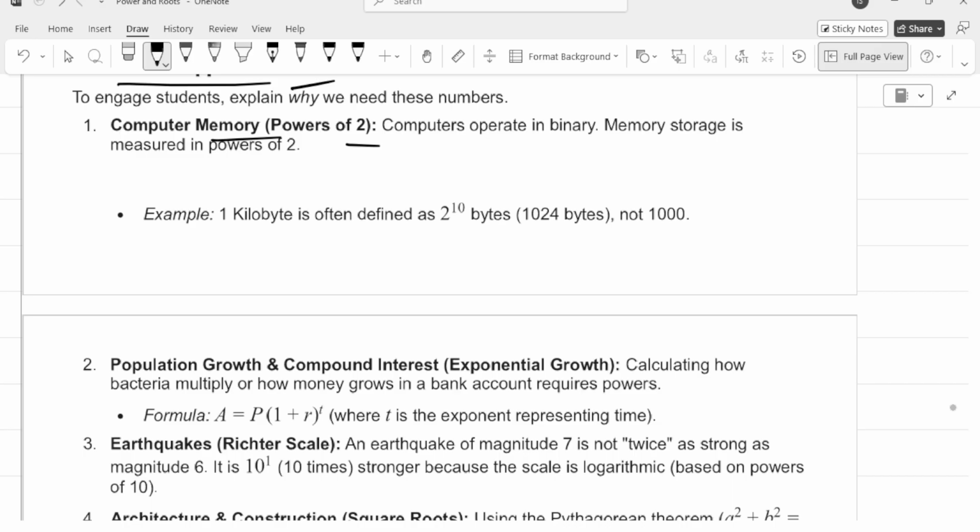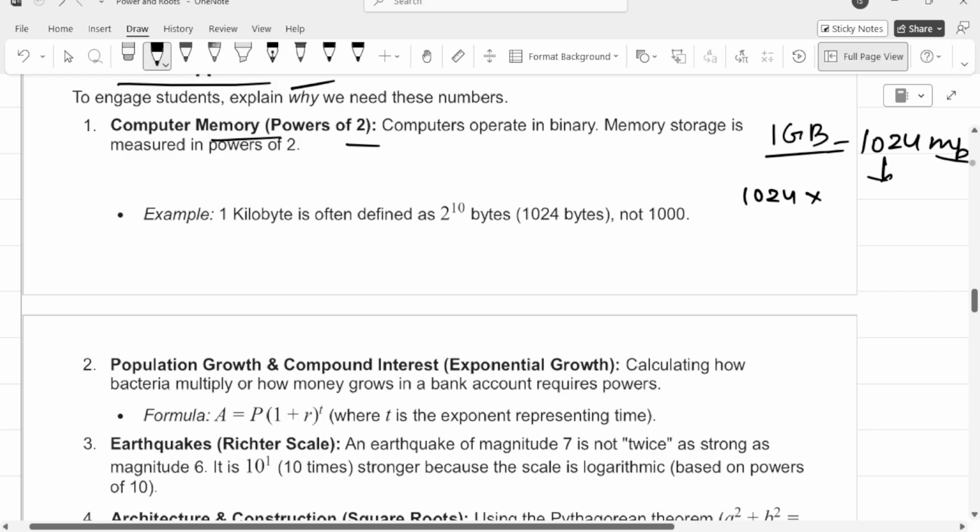Computer memory power, here is an example. You already know that if you are using internet, 1 GB of data pack, then 1 GB is 1024 MB. Again, breaking down: 1 MB is equal to 1024 KB, and 1 KB is equal to 1024 bytes.